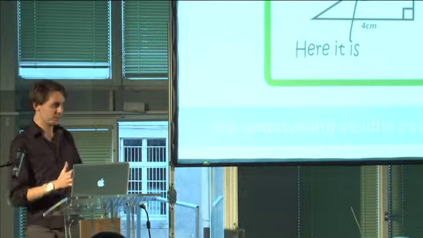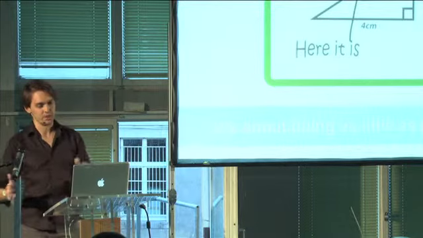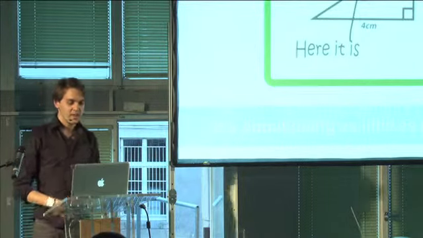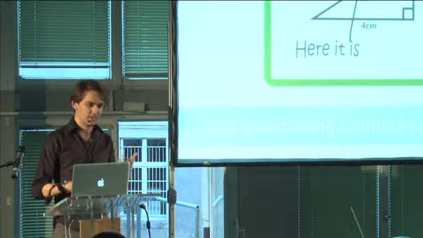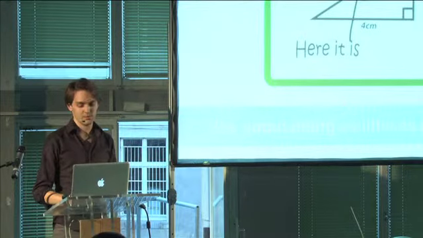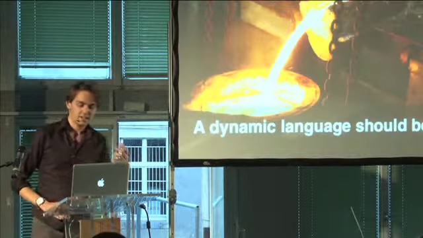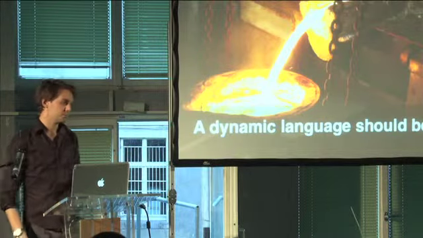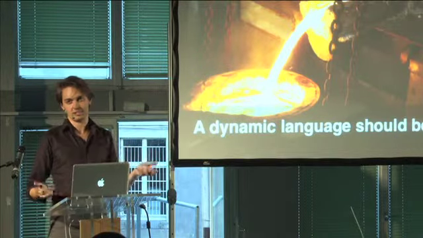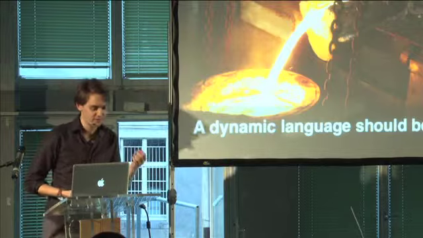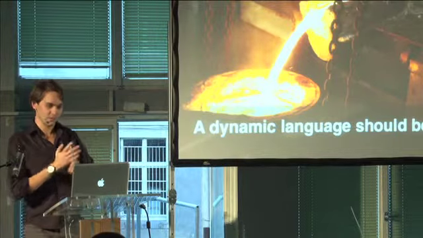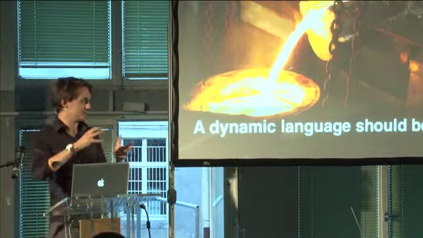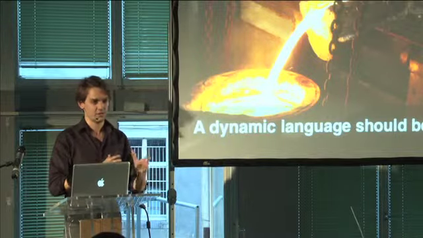So if you don't put a lot of stuff in, you don't force the programmer to behave in a certain way. And that's kind of the main value, as I see it, of a programming language: a dynamic language, or, well, preferably any language, but it has to be dynamic to satisfy this, should be malleable and moldable, which means that you should be able to change it into whatever you want.